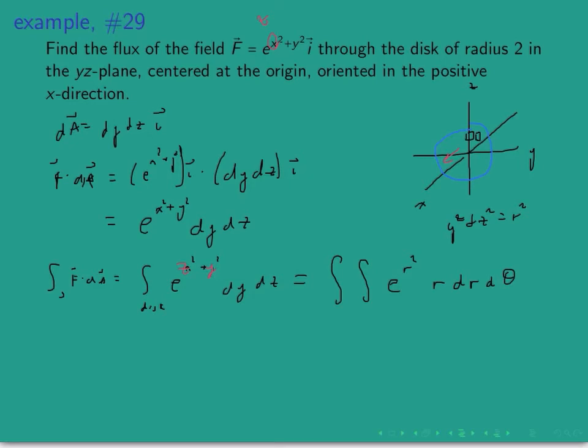Theta goes all the way around the circle, so it goes from 0 to 2 pi, and r goes from 0 out to the radius of the circle, which is 2. Then this is a fairly easy integral to evaluate with a simple substitution, w equals r squared. The limits of integration are constant. It's pretty straightforward, and you end up getting pi times e to the 4th minus 1.